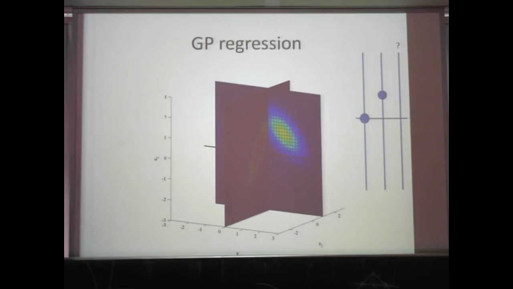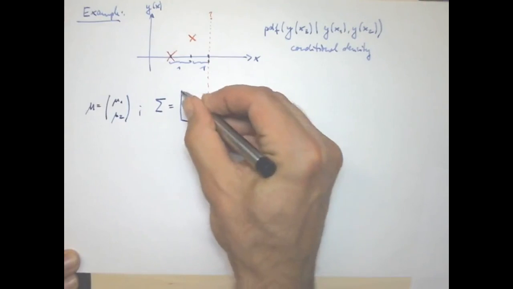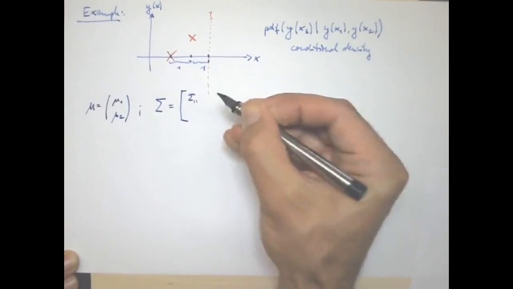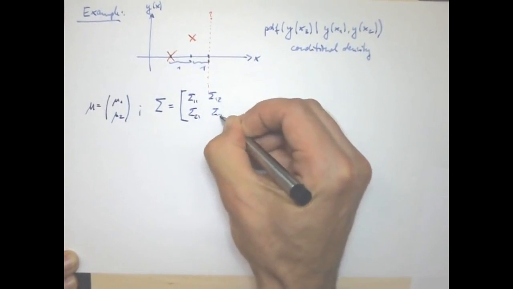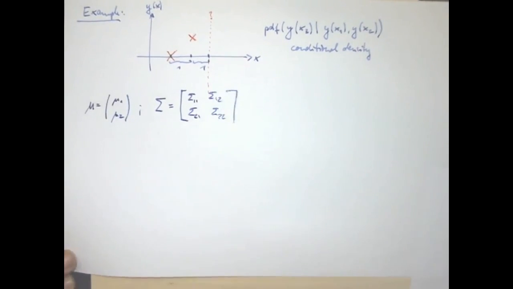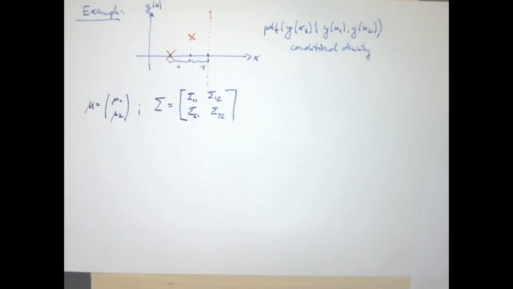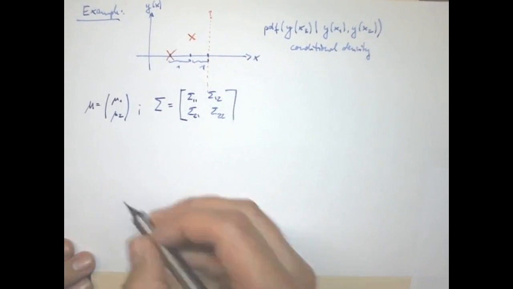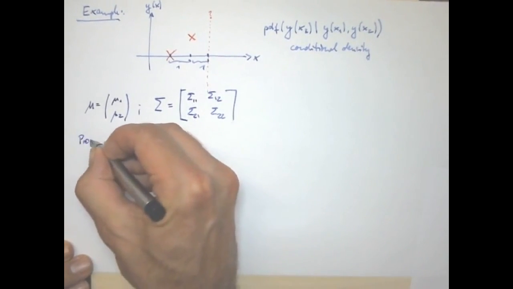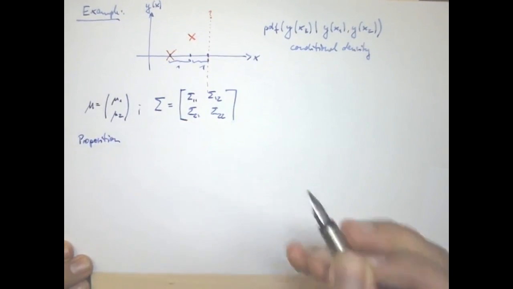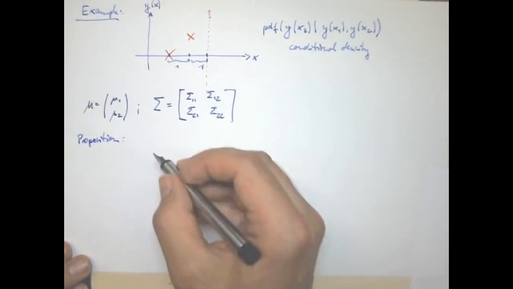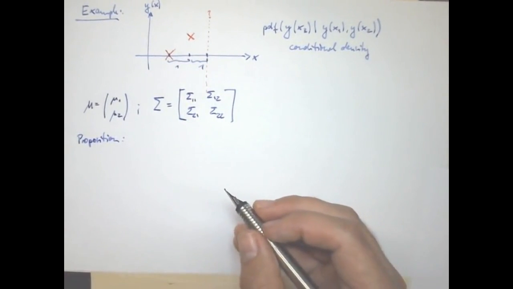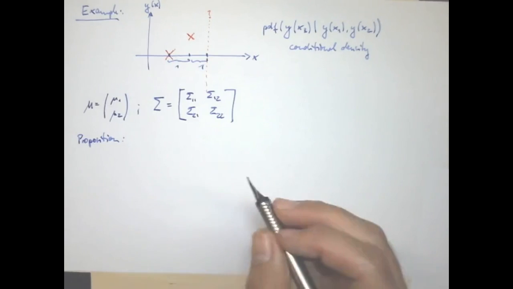And sorry, the covariance function. I'm following Lauritzen here in doing the math this particular way.